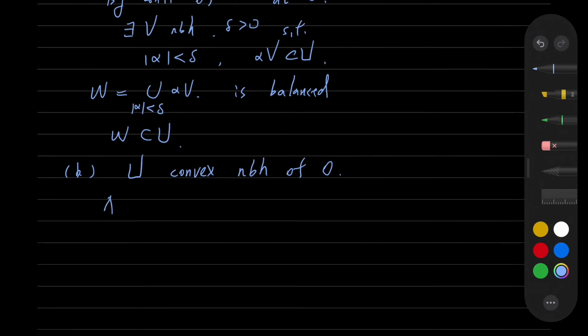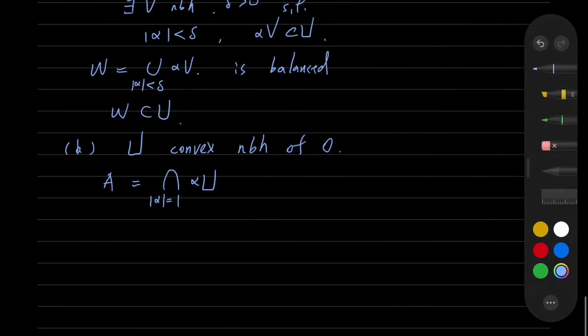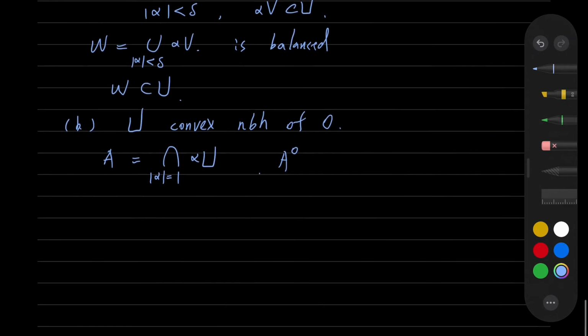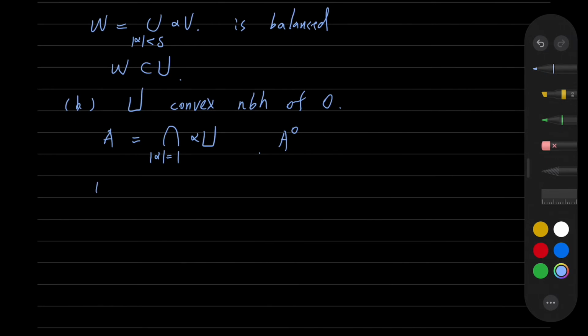And this time, we define a set A to be the intersection, over every scalar of absolute value 1, of alpha U. So our goal is to prove that the interior of A is our desired set, that is convex, is balanced, and is contained in U. So first step, as we said before, it does not necessarily contain 0, so we need to prove that first.